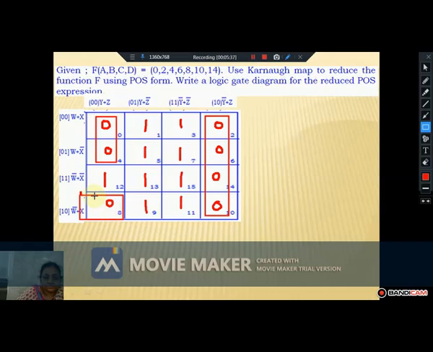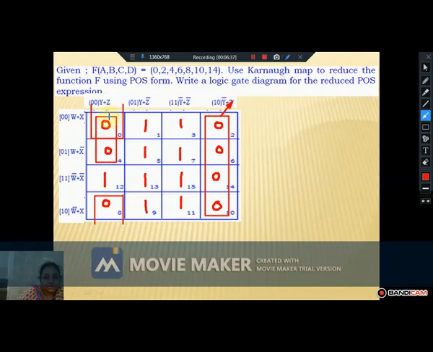So let's pair this 8 with 0. Now let's mark the expressions.